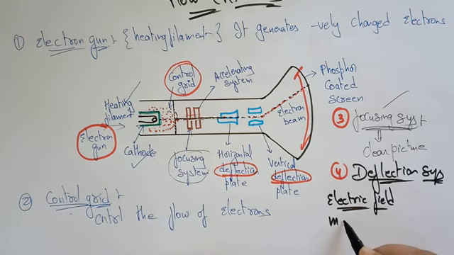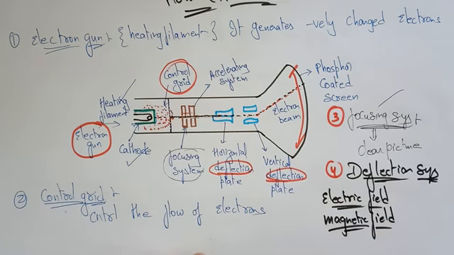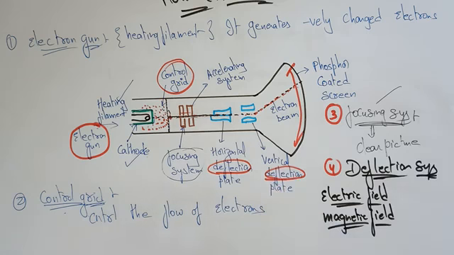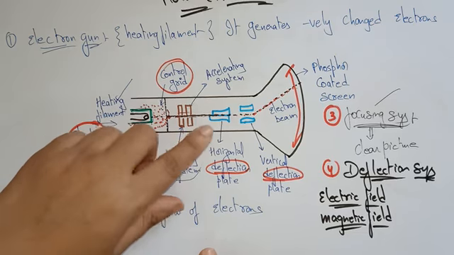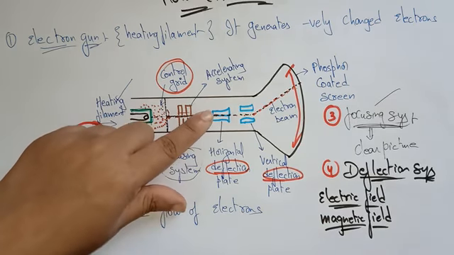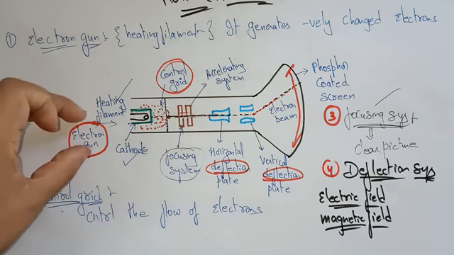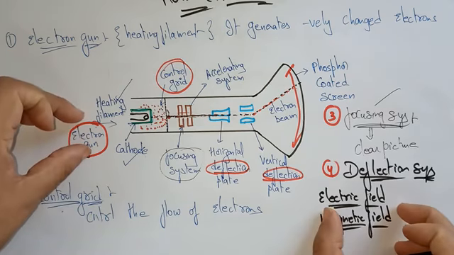Suppose the deflection system consists of a magnetic field. Then two pairs of coils are used, one for horizontal and the other for vertical deflection. So here we are using plates, right? Whenever we are using plates, this cathode ray tube is working on the electric field.